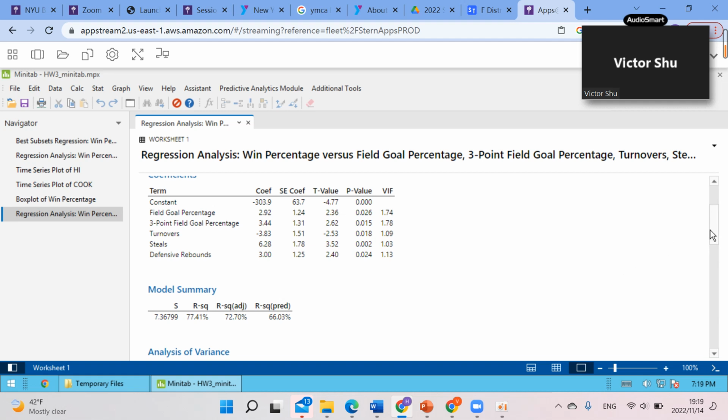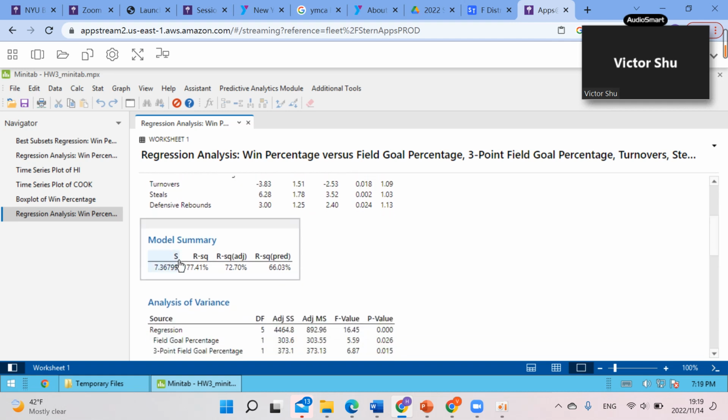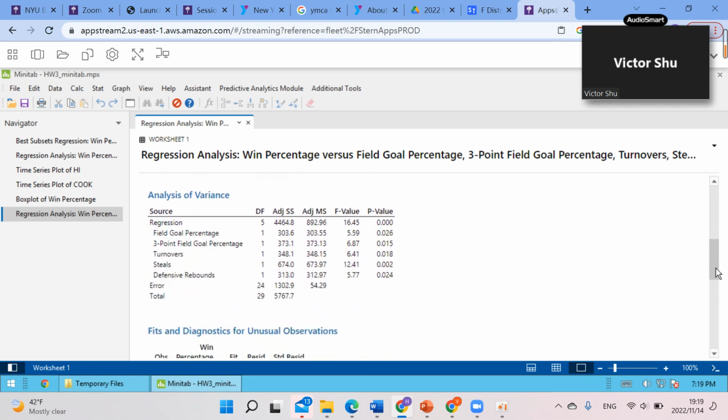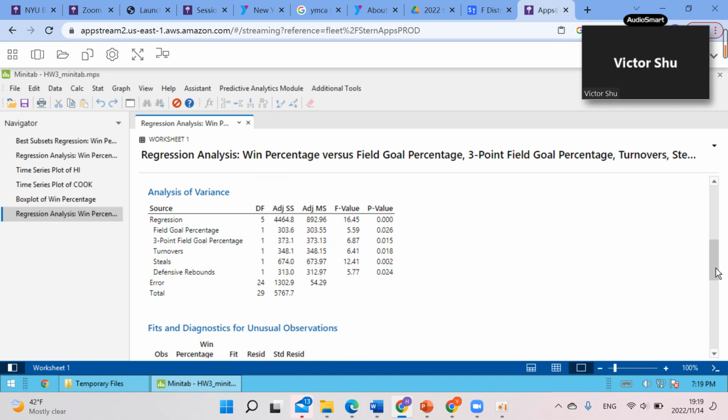Again, we have the standard error of the estimate. We have the R square and adjusted R square. Then an analysis of variance, which leads to the F-test of the regression.